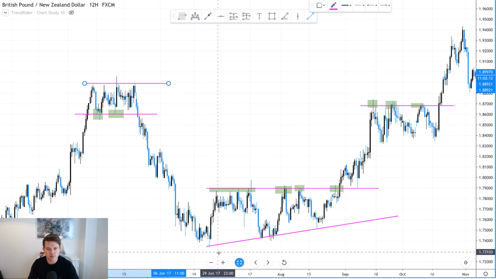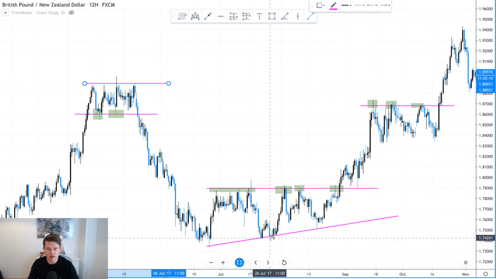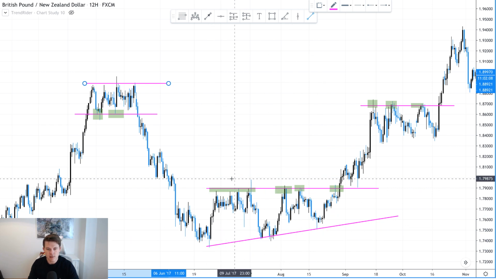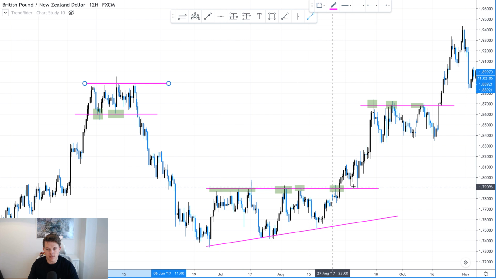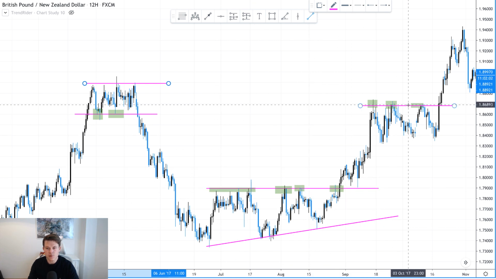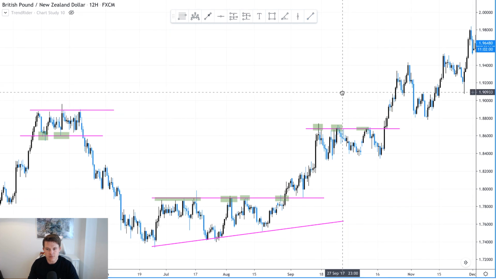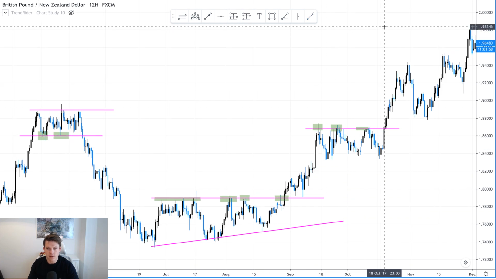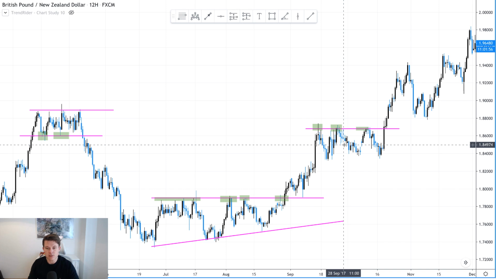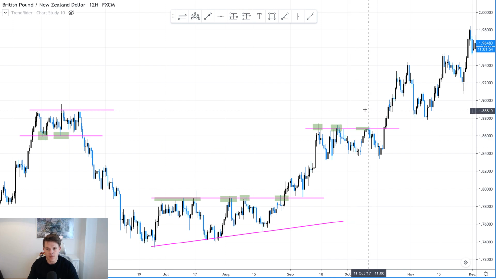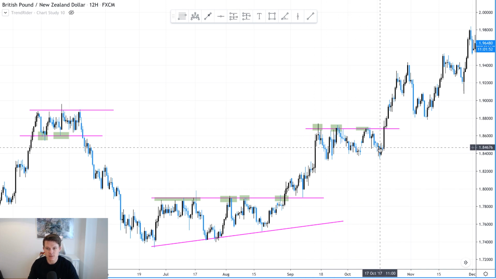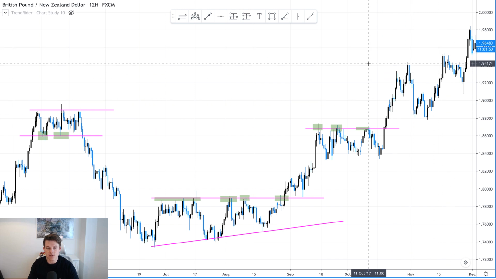And then once this downtrend was over, you can see the market first started making higher lows. We established a horizontal level, and then once the market left this pattern, this structure, a new uptrend was started. This uptrend then came to a pause, and again a sideways range, a sideways market was established. And then once the market was done with this sideways phase, the uptrend resumed.